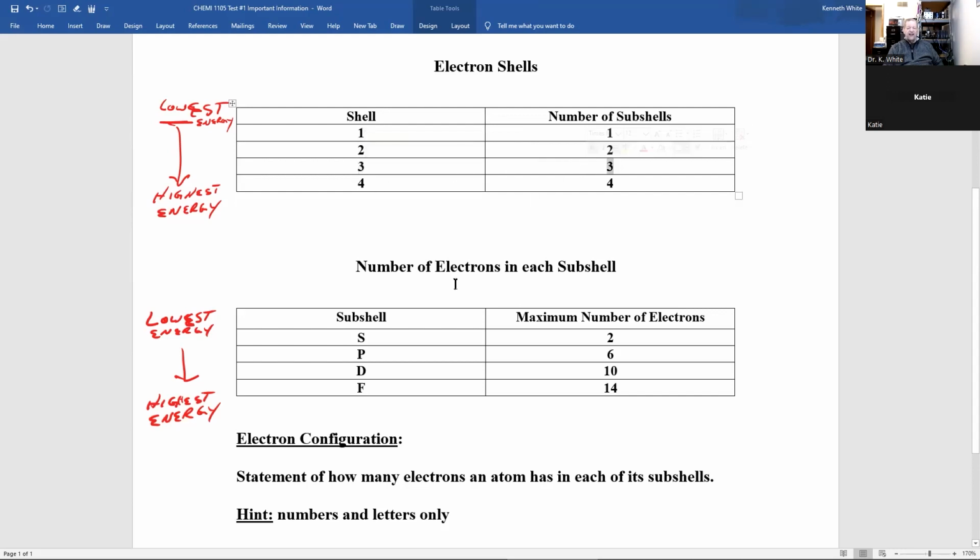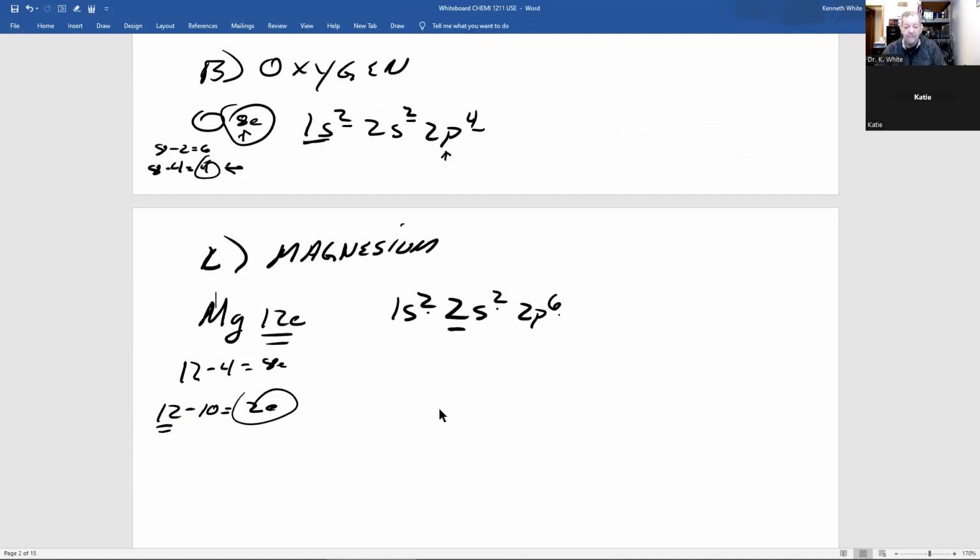Now, shell 3 has 3 subshells, but you always fill the lowest energy subshell first. In that case, it's going to be s always, and I can do a maximum of 2 electrons. So what does that mean? I go to shell 3 now because I filled up shell 2 with its 2 subshells.